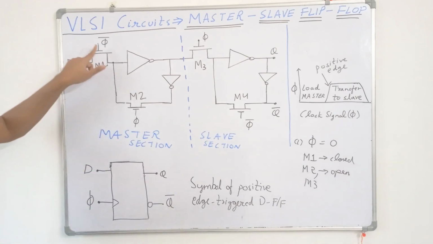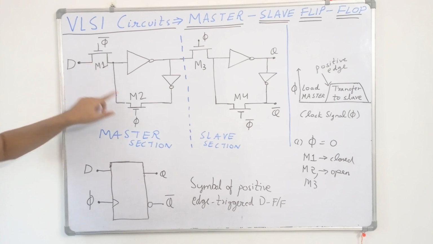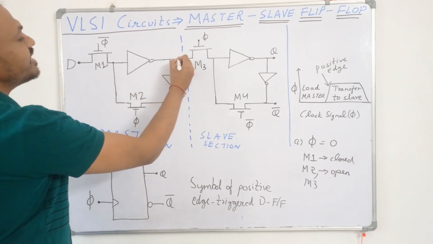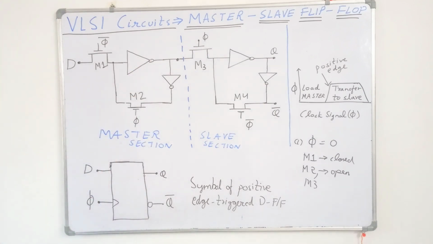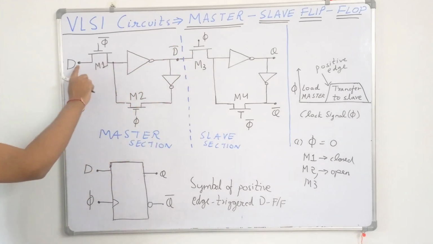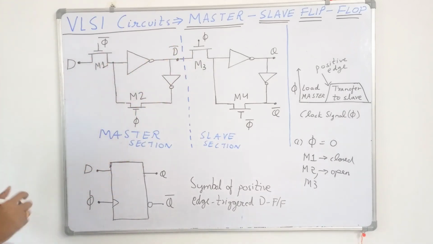So M1 is closed and M2 is open, so this data bit will be transferred here, and it will be D bar, because there is one inverter here. So this D will be transferred to the slave.